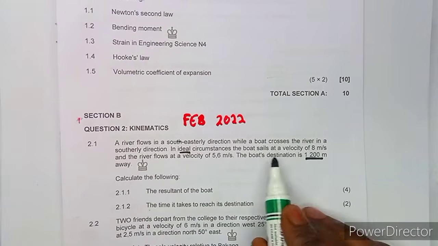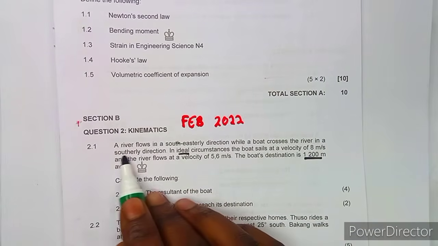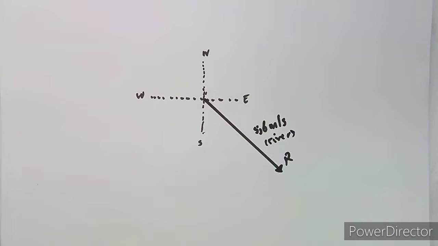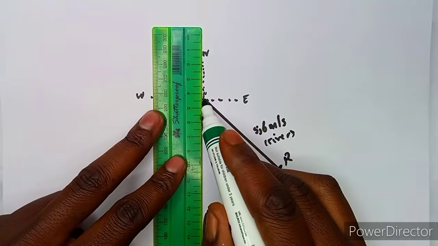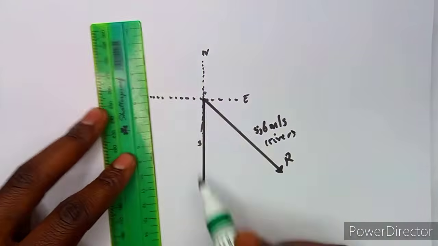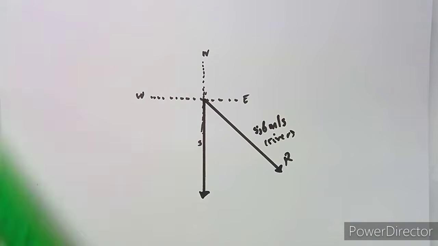The boat itself is going in the southerly direction, that is straight to the south, direct, because this is our south pole. So this is where we are going to have our end.